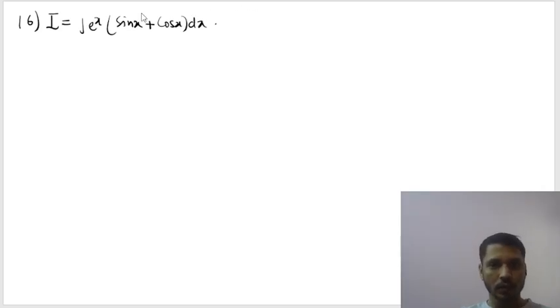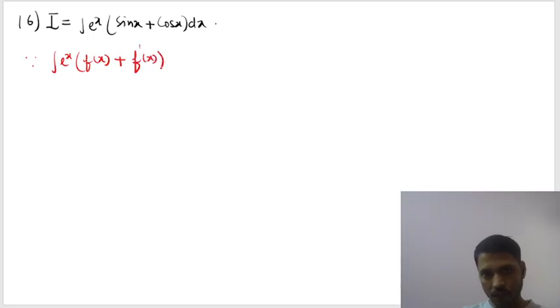Here we know the rule: if you have the integration of e to the power x and inside the bracket f of x plus f dash of x, if this type of combination is given, then we directly write the answer as e to the power x into f of x.